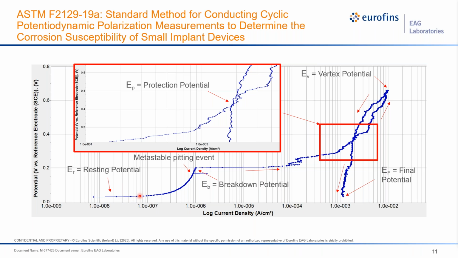As it moves towards the anodic direction, we see this metastable pitting event occur before the breakdown potential at 0.166 volt. And then what happens? You see it go out and come right back in. That means it immediately repassivates. The scan continues to move forward and the breakdown potential is reached. This breakdown potential is 0.201 volts here.